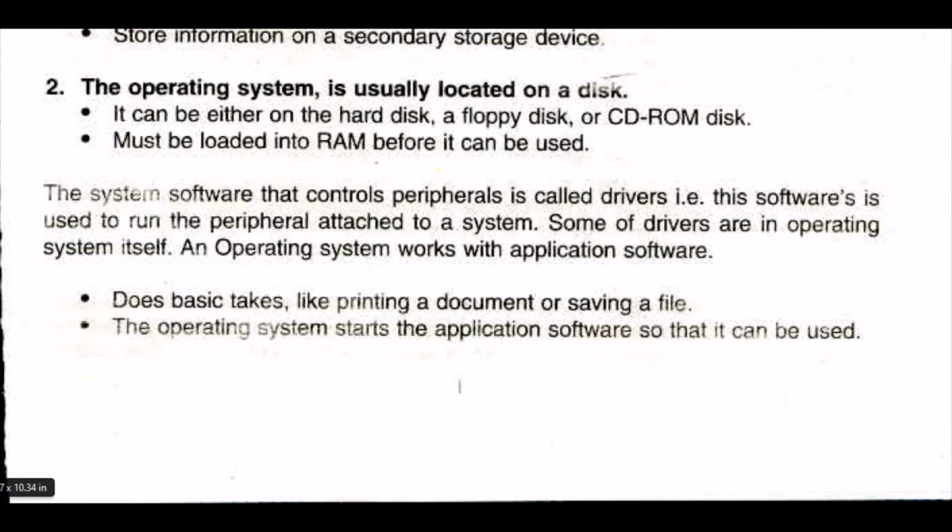Suppose you buy a new printer, right? You have to install specific drivers or specific instructions to help system software to work with it, to control it. Those are called drivers. Some of the drivers are in the operating system itself, some are built in, given to you by Windows, and others we install later on.